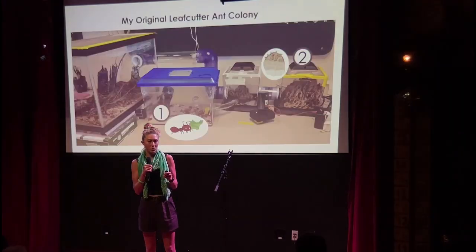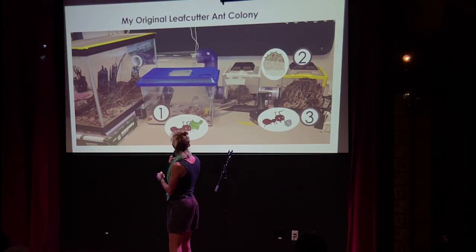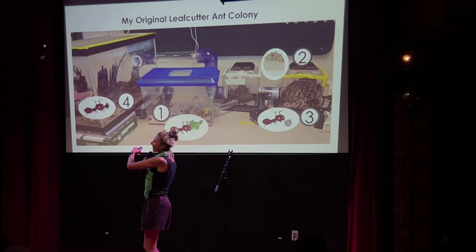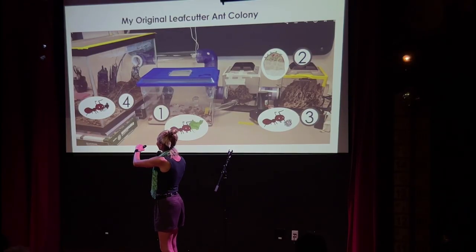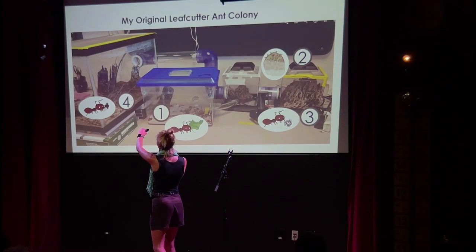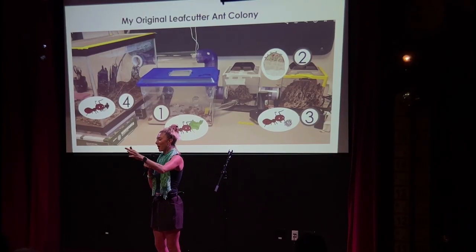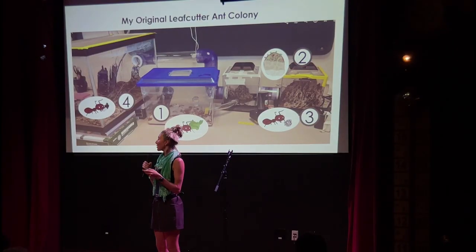Okay, so now I showed you this photo of my colony, and here at the bottom is the fungus garden, the gongylidia, and then all the way over here is the dump. I took this photo a few years ago, actually. But over time, the dump just grew and grew and grew, and it was crazy how much biomass is moving in and then moving out. It's just very interesting to watch.